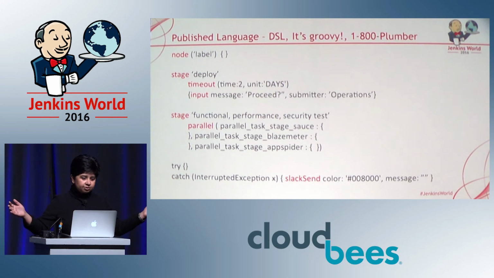This is likely going to be the case if you're a large enterprise. Please time yourself out if nobody is responding. Don't waste the cycles. Stage has served us really well. Functional, performance, security, if you want to do in parallel, this is probably a personal favorite. It's reduced a lot of time. And then Slack and notifications, everything has become simpler.